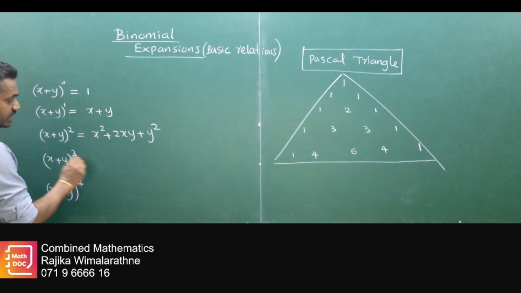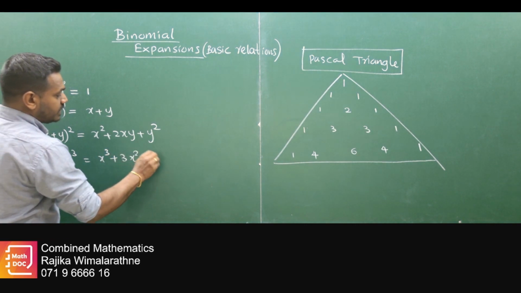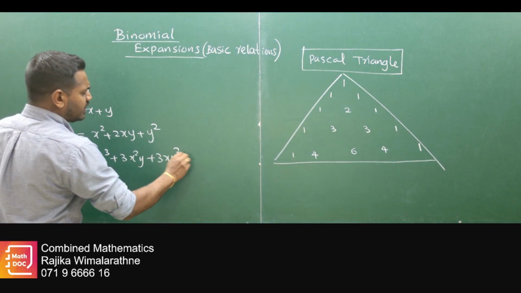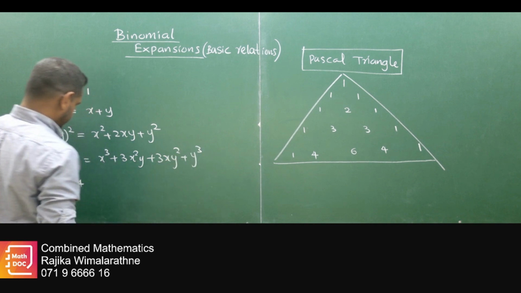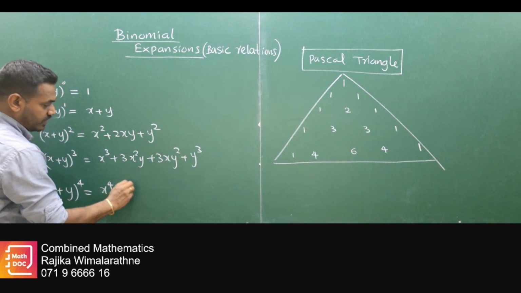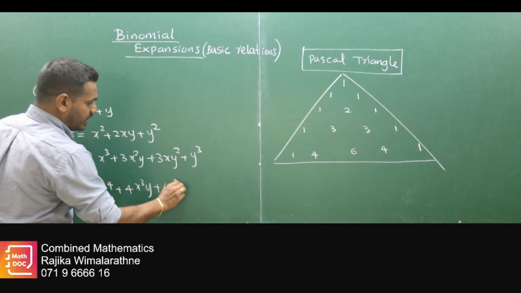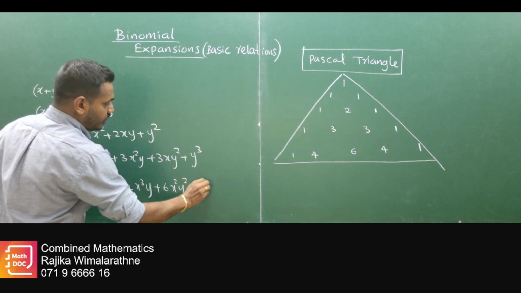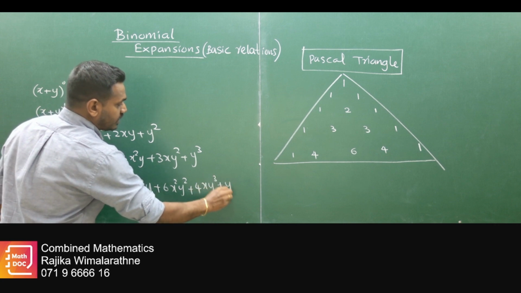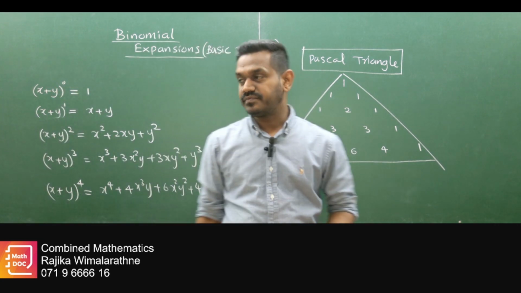Then x plus y cubed is x cubed plus 3x squared y plus 3xy squared plus y cubed. Then x plus y to the power 4 is x to the power 4 plus 4x cubed y plus 6x squared y squared plus 4xy cubed plus y to the power 4. These are the expansions.